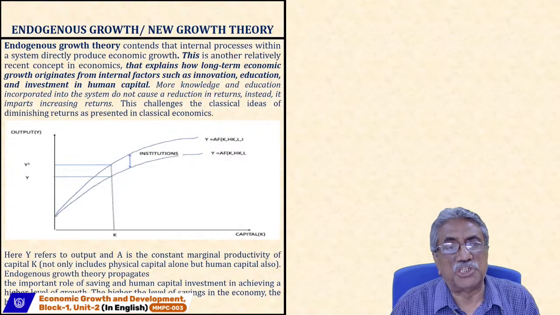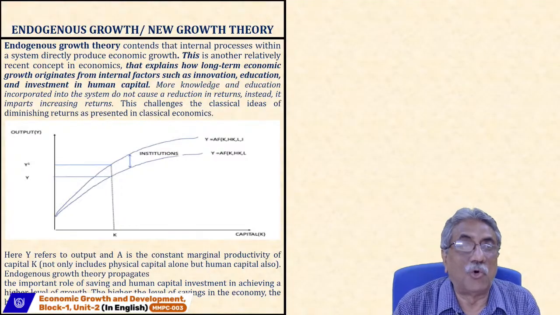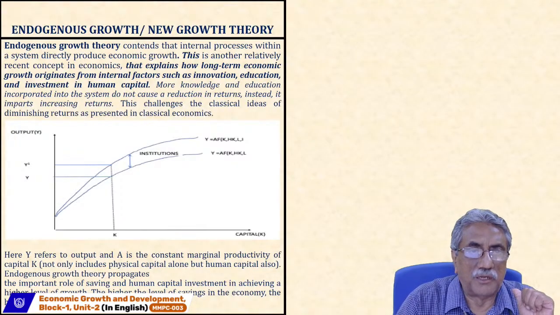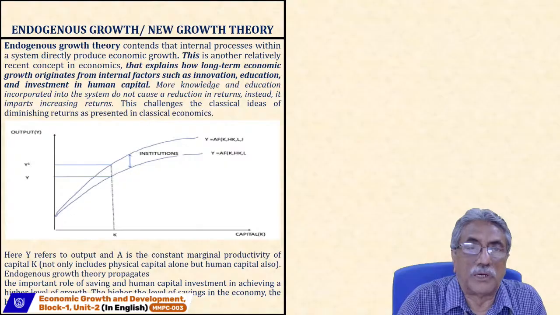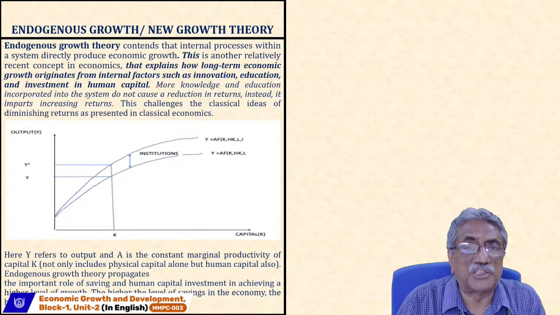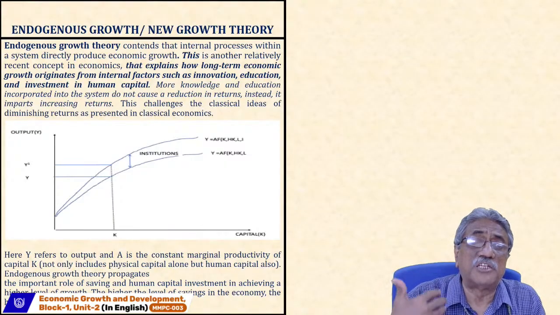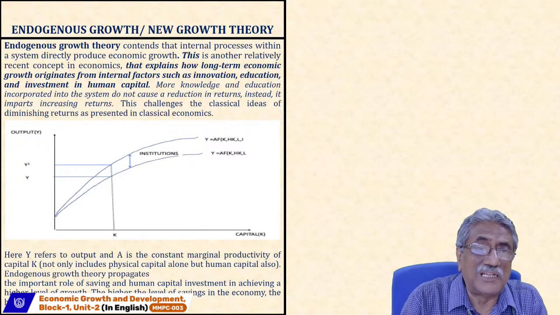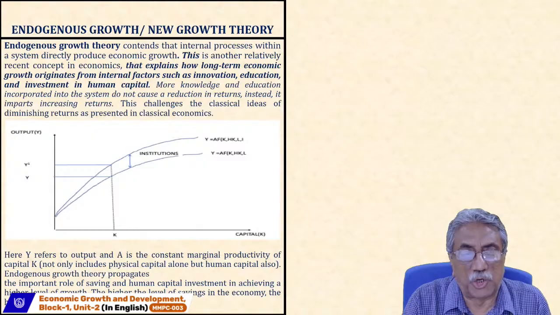More knowledge and education incorporated in the system do not cause, so far as in the old classical theory, we know the diminishing rate of return. But here they say the more you educate, the more you gain knowledge, there is no reduction in returns. Instead, it increases the return by sophistication in your process, systems, etc. This challenges the classical ideas of diminishing return as presented in classical economics.